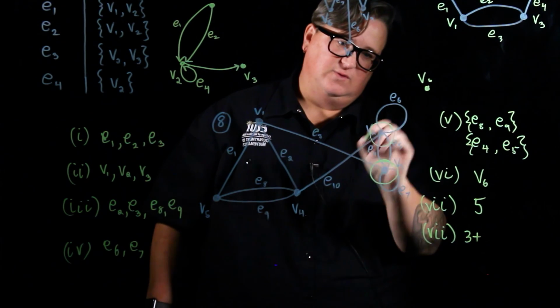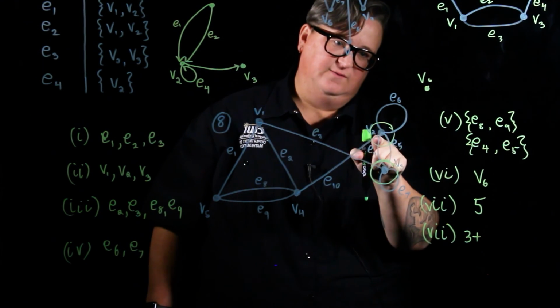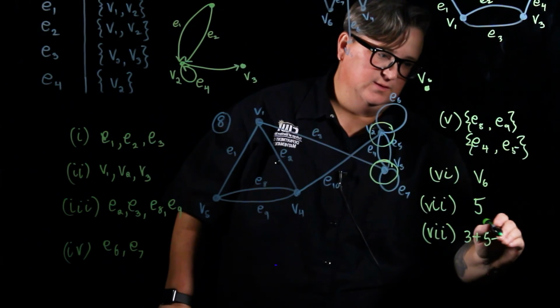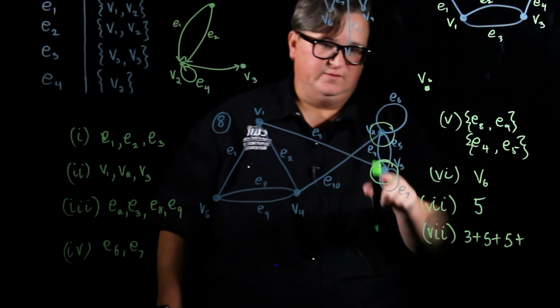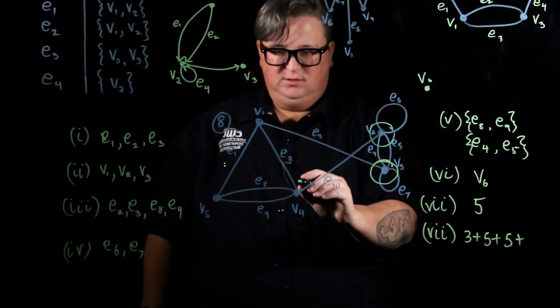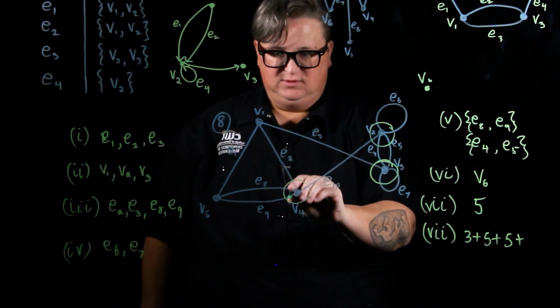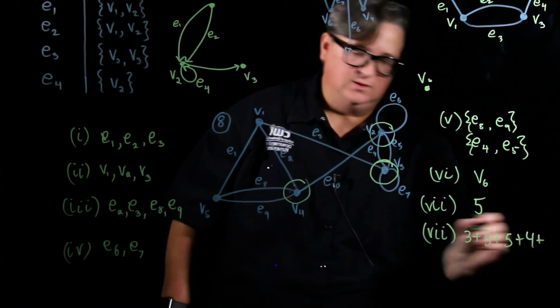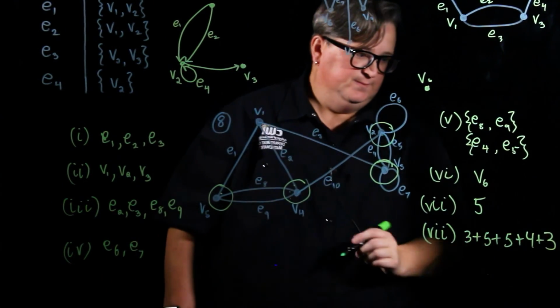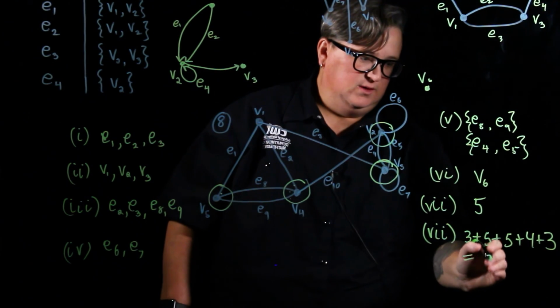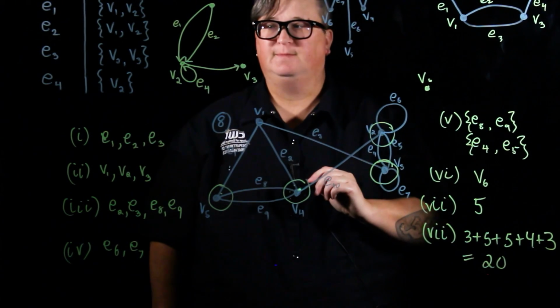Again, if you look around it, 1, 2, 3, 4, 5. And then vertex 3, we've already established, has a degree of 5. Vertex 4, 1, 2, 3, 4. And vertex 5, 1, 2, 3. And if we add those all up, we get 20.